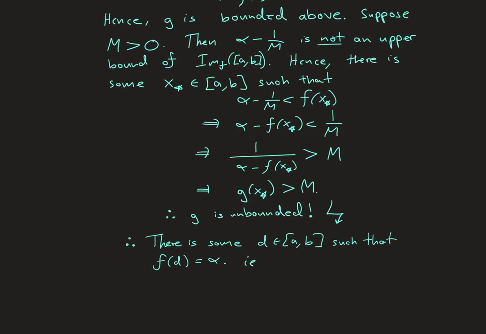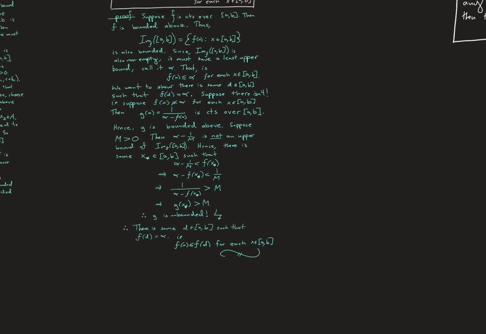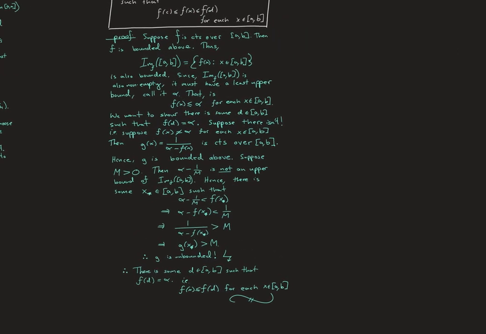In other words, f of x is less than or equal to f of d for each x in the closed interval. And that is the extreme value theorem. All right, I like that one. Slick little kind of constructive proof there.